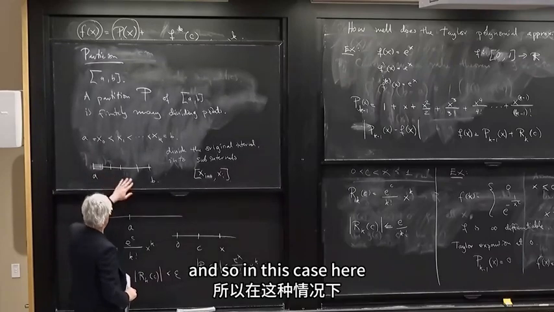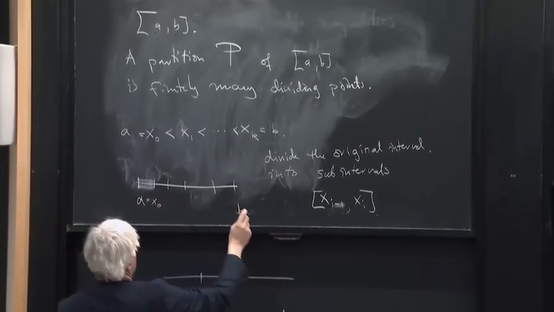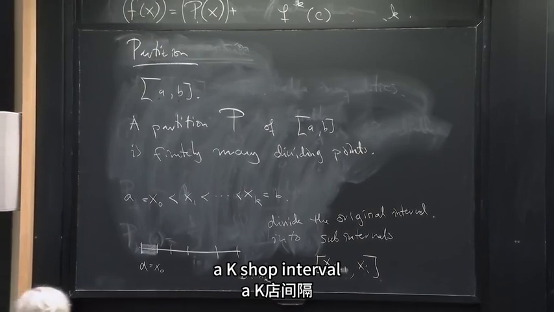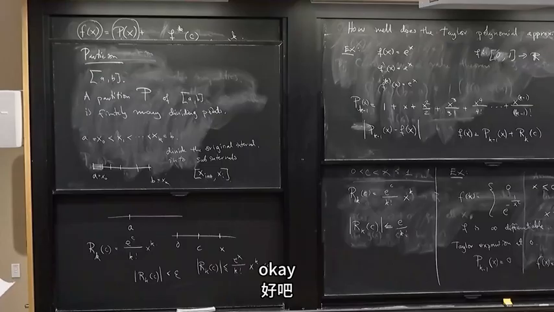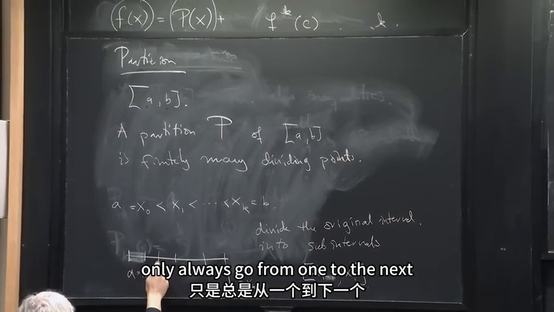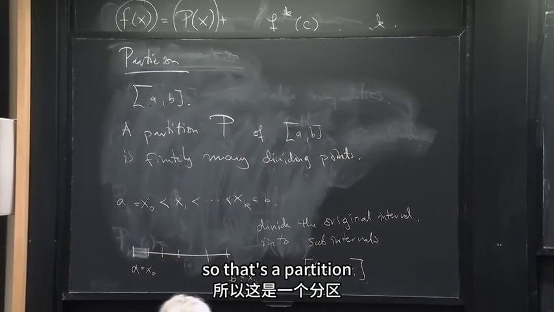And in this case here, where this is x0, there's going to be k subintervals. And you only always go from one to the next, right? So that's a partition.